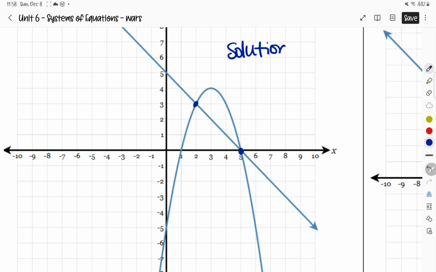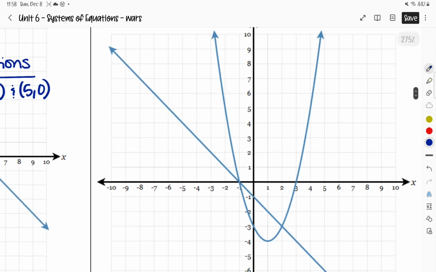So all we do is write the ordered pairs. This ordered pair right here is over 2, up 3, so 2, 3. And this ordered pair is over 5, and then it doesn't go up or down at all, so 5, 0. Okay, so there's just 2 of them. Pretty easy, right?